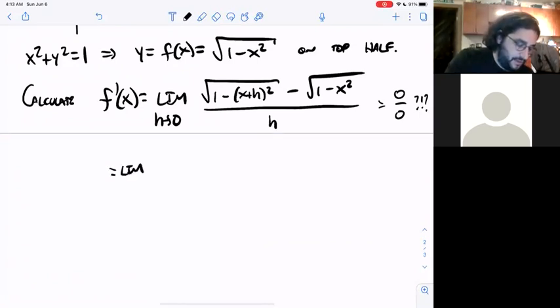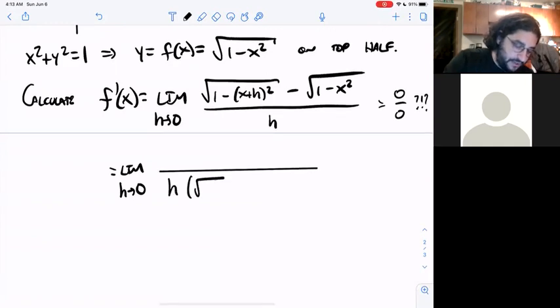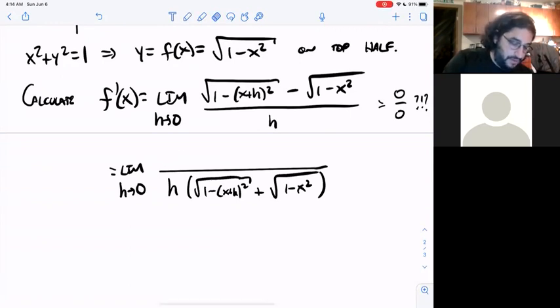So let's do this. Probably the easiest way to simplify this is to use a conjugate. So let's multiply the top and bottom by the same quantity, but with the sign flipped, right? And why am I doing that?